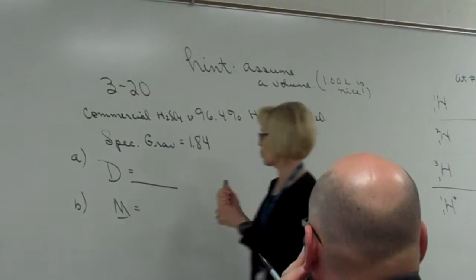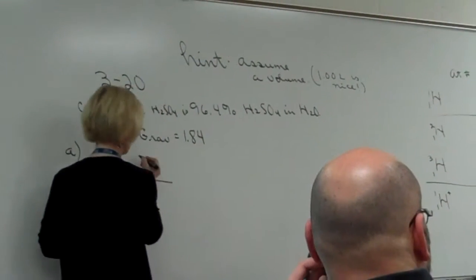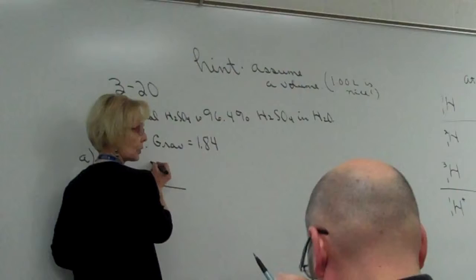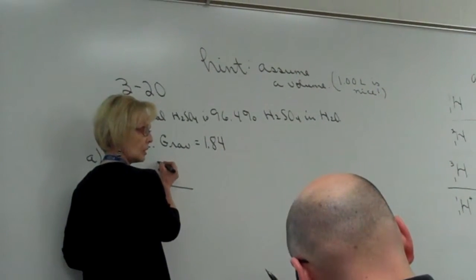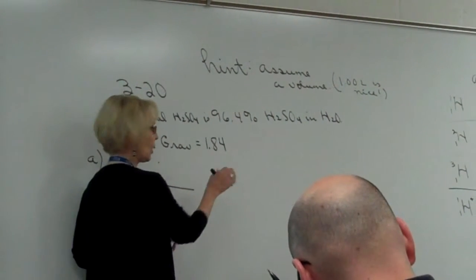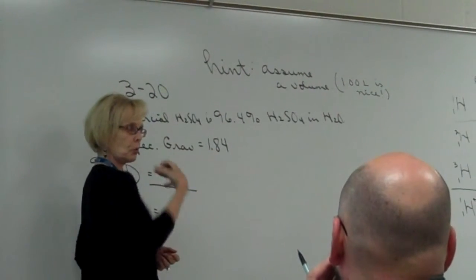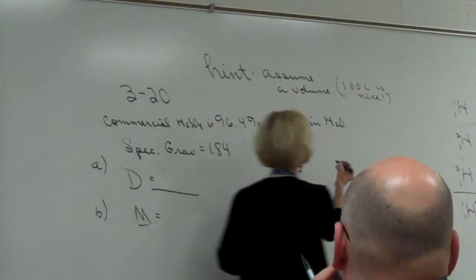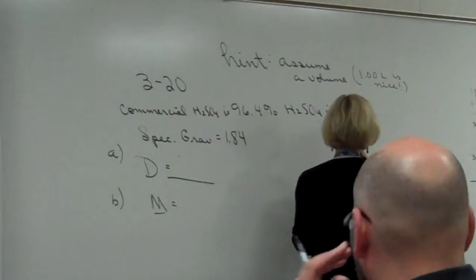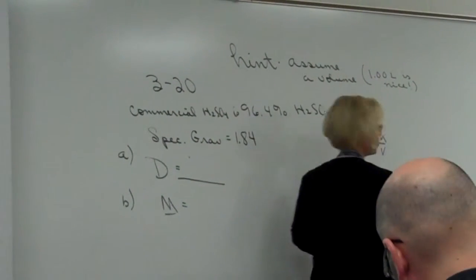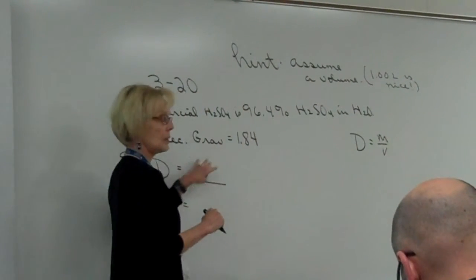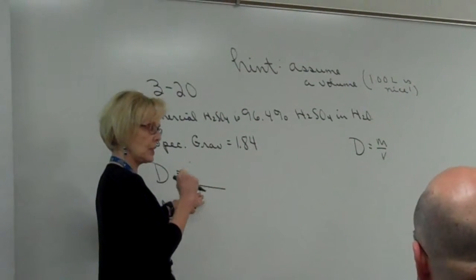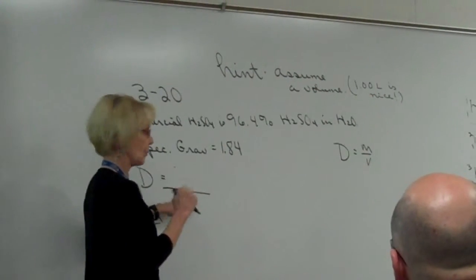Because, Sean, what's that going to be for density? Remember how we convert that? Yeah, it's mass over volume, but I want to know the exact numerical value. That's going to be useful because we know that's going to be one of the big hints. So we will need that. What would be the numerical value of a density? 1.84.